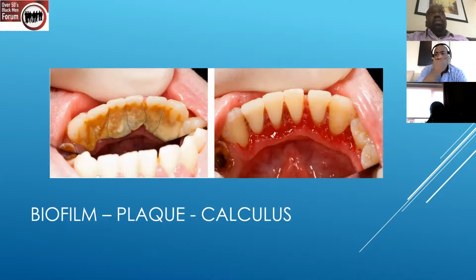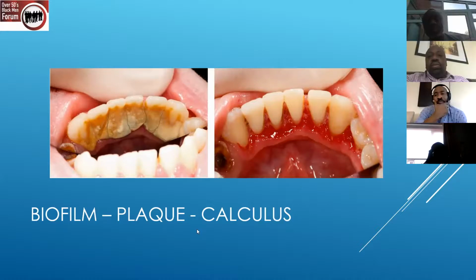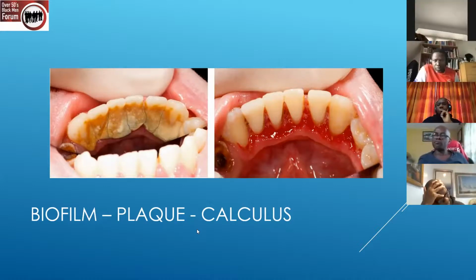If you wake up first thing in the morning and rub your finger on your teeth, you get this white stuff, which is the plaque. That is what we're trying to get off when we brush our teeth every morning. Because if that is not brushed properly, it hardens, it calcifies, and you get the hard stuff on your teeth, which is what we call calculus. Next slide, please.